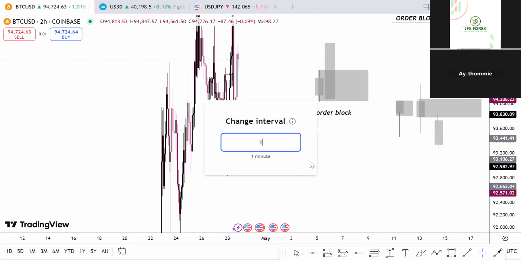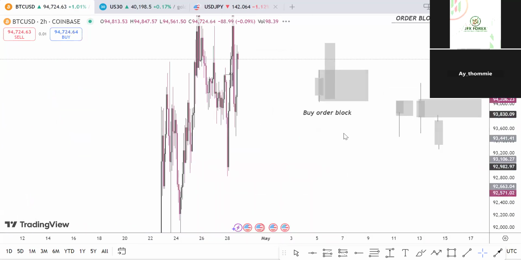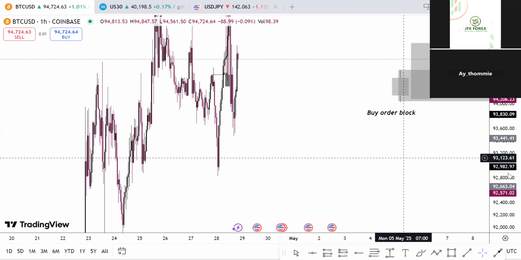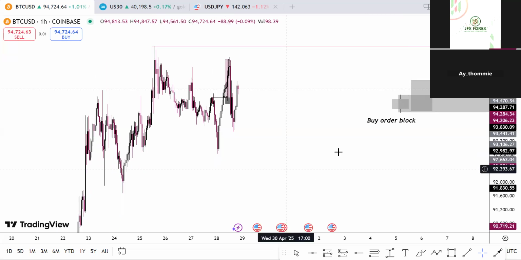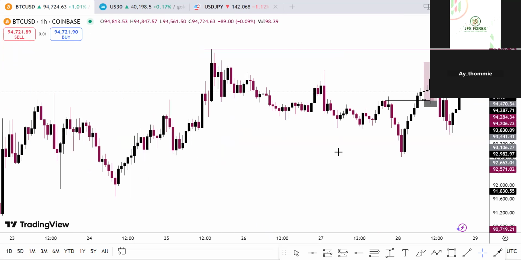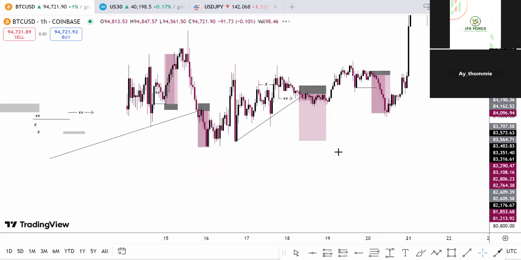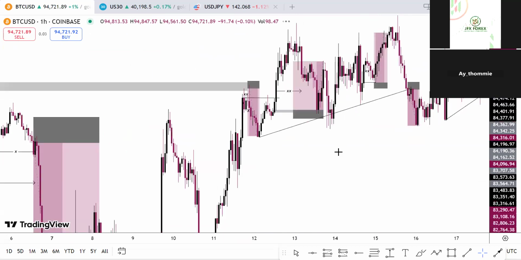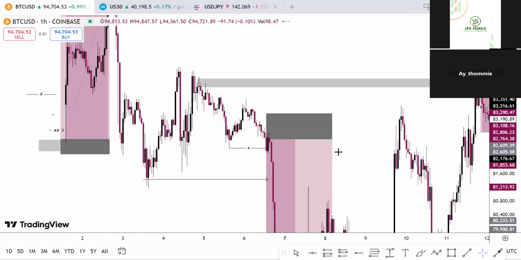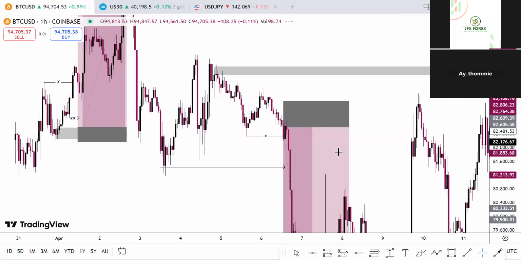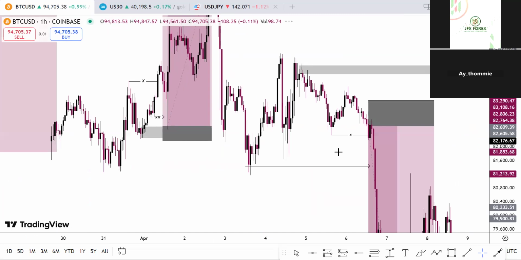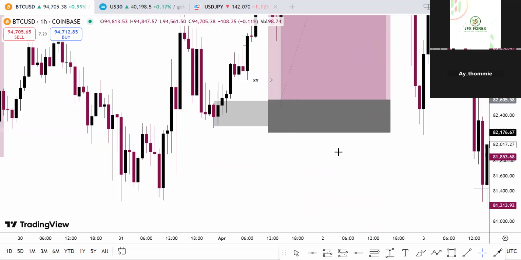Let's go back to the chart so that I can show you the example of what I'm talking about. I'm actually looking for a very good example so that I can see it. All right.